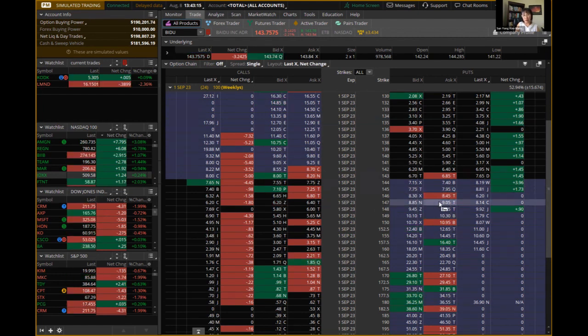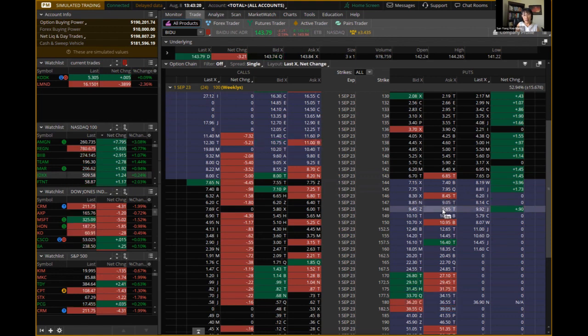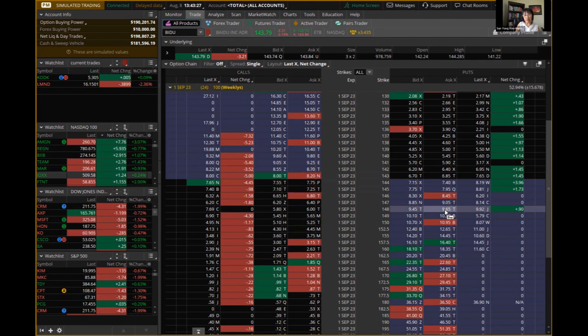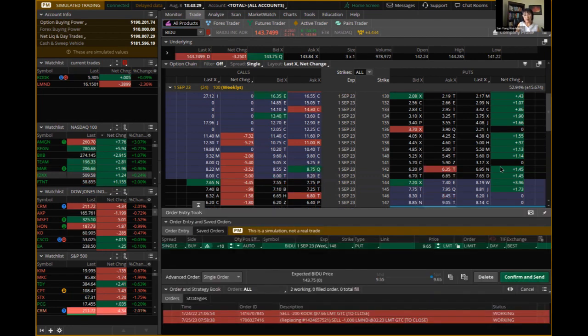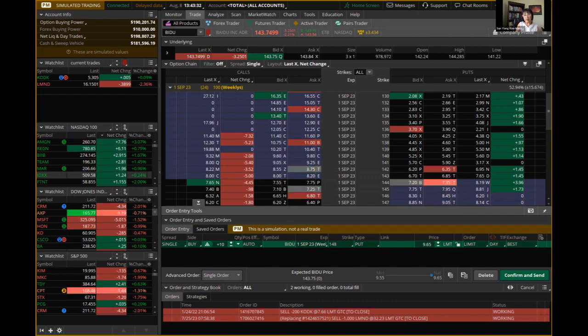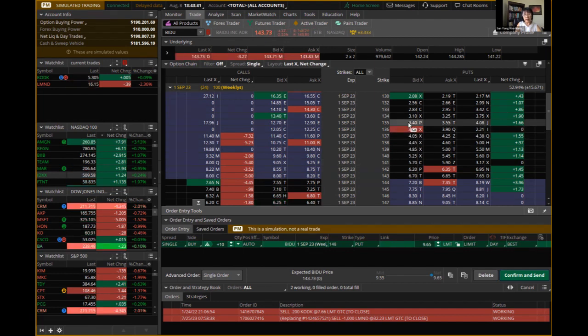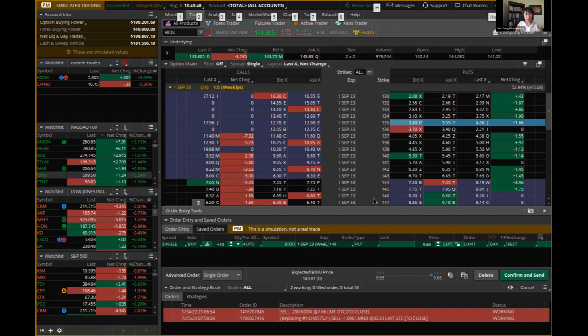So I will choose an in the money 148 right there. And then next strike price, I'm going to choose out of the money strike prices. So 148 and 135. Okay, there we go.